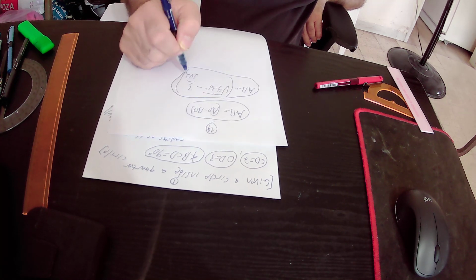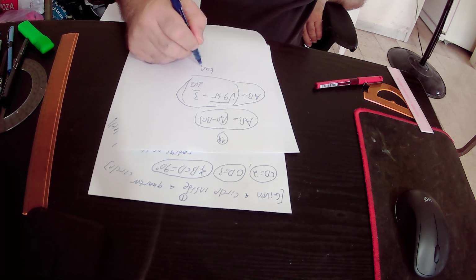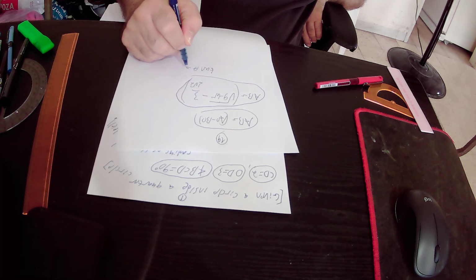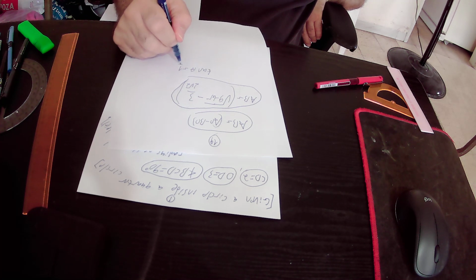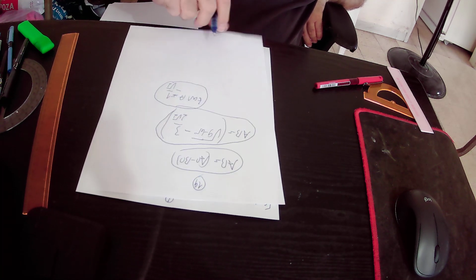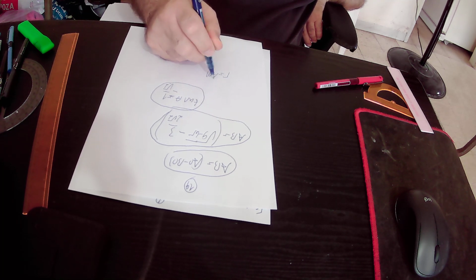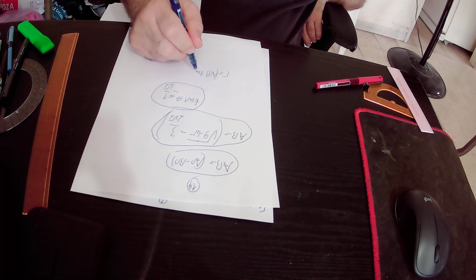And we have already found that the value of tangent theta is 1 over root 2, and the radius of the small circle equals AB times tangent theta.